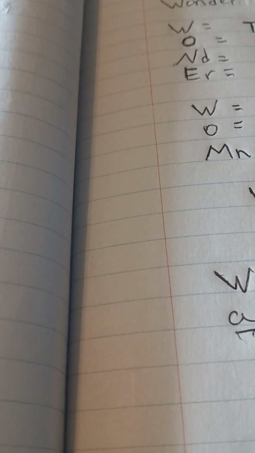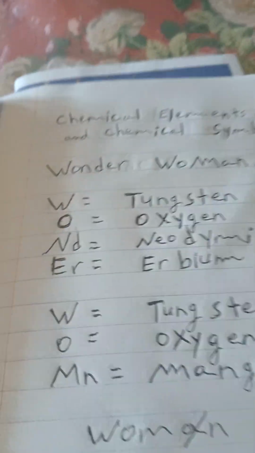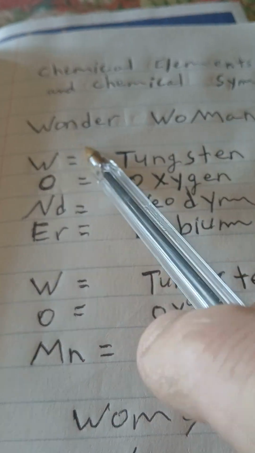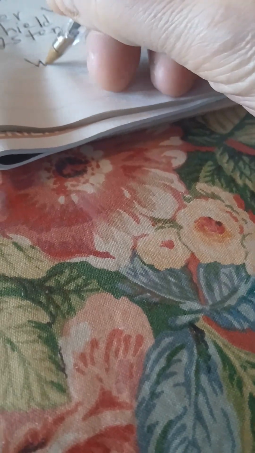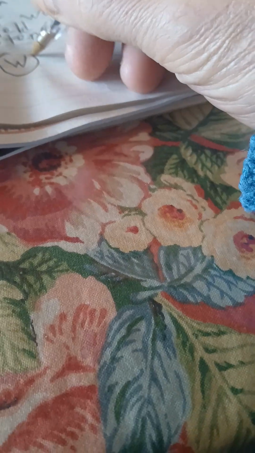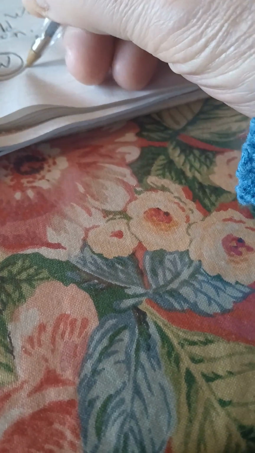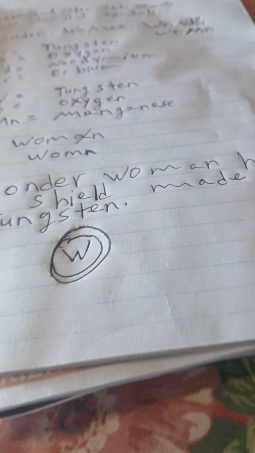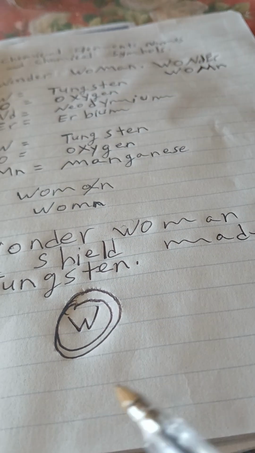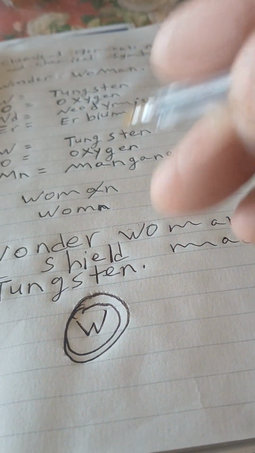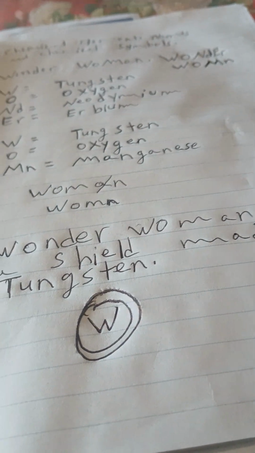Now we know the W, okay? So think of a shield. Think of Wonder Woman. And on her shield, she has a capital W. So we got a shield, a round shield. So Wonder Woman has a shield with a capital W on it, with little stars. That's how she has it, probably.